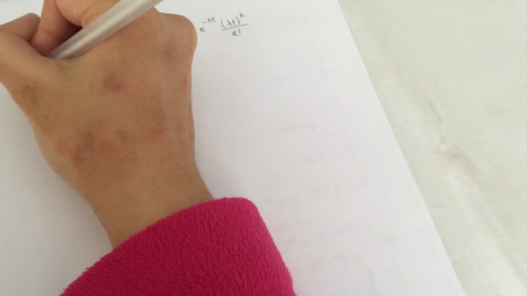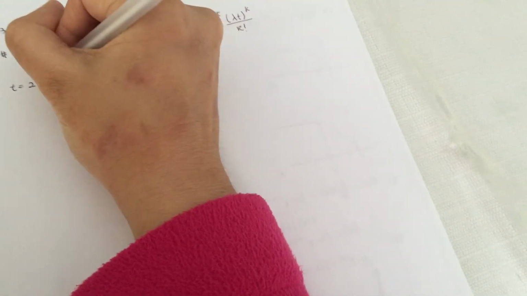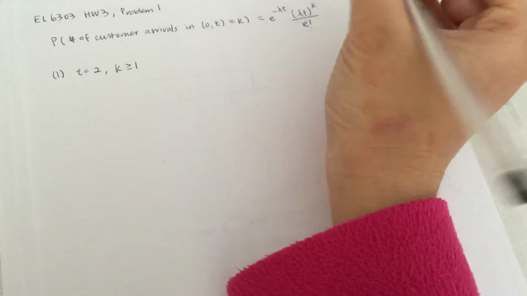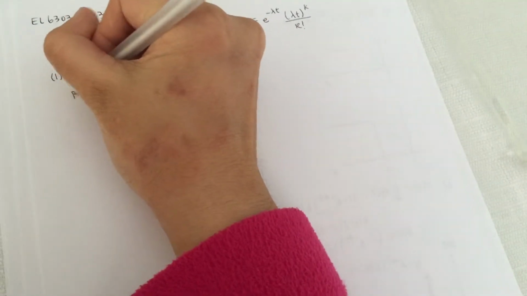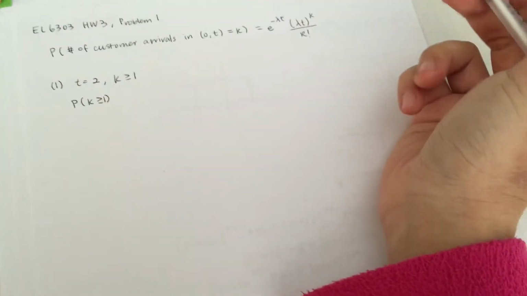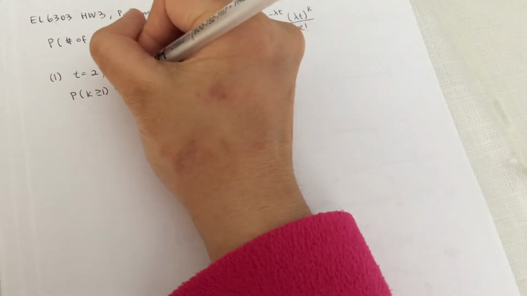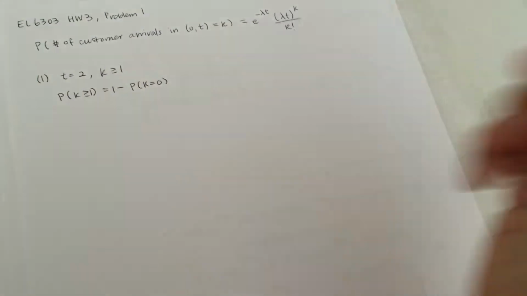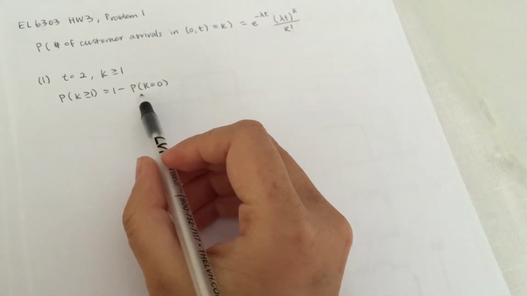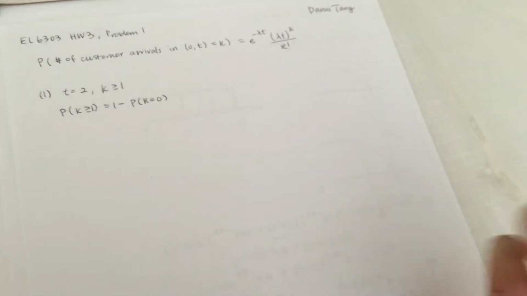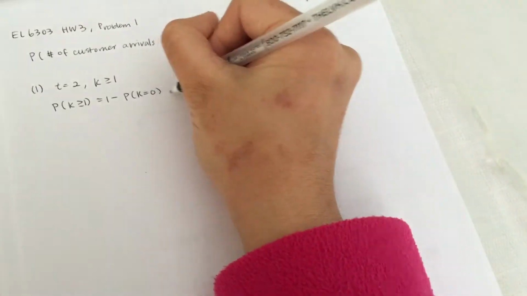So when we solve this, we're given t equals 2, k is greater or equal to 1, because at least one customer is greater or equal to 1. So you can write this probability as P, where k is greater or equal to 1, equals 1 minus P, where k is exactly 0, because you can eliminate no customer arrivals, and this accounts for one or more customer arrivals.